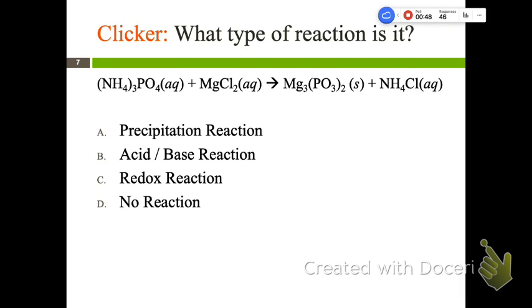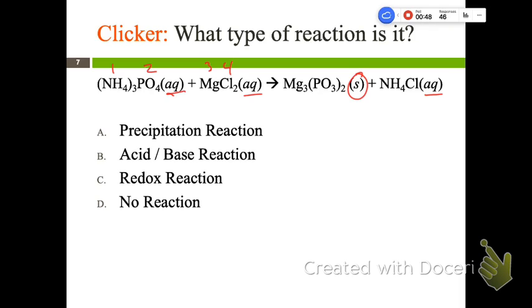I'm not great, but I picked A, precipitation, because there's 2 aqueous and it forms a solid and an aqueous. And the big take-home of a precipitation reaction is, over on the left side, before this reaction happened, we had 4 different types of ions.